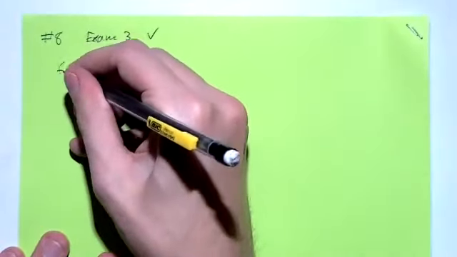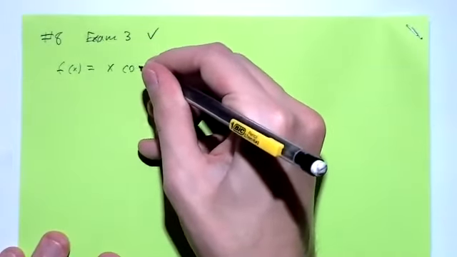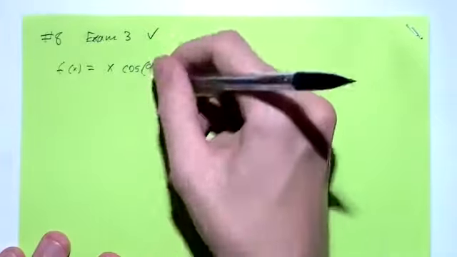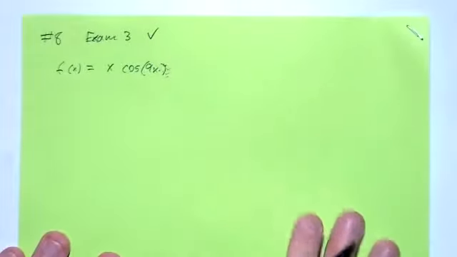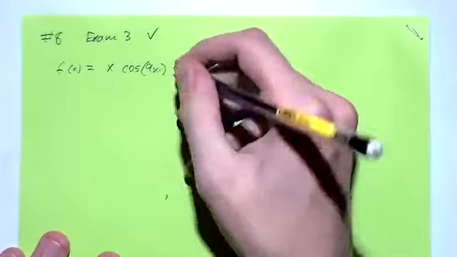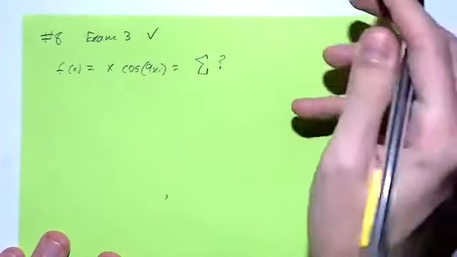All right, so we're given a function, and it's x cosine 9x. We're trying to find what the summation is. So equals summation of what?